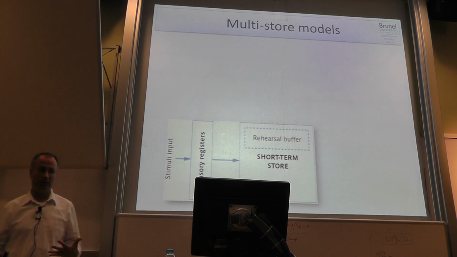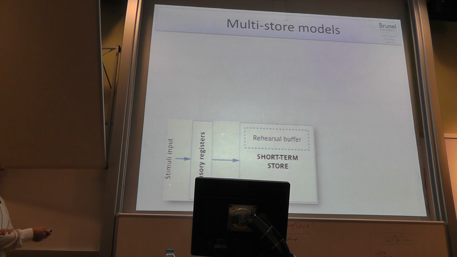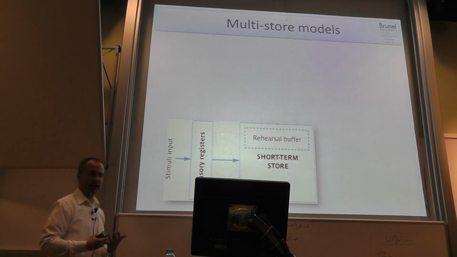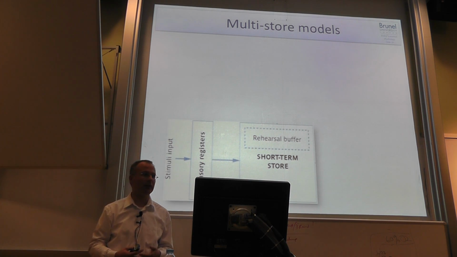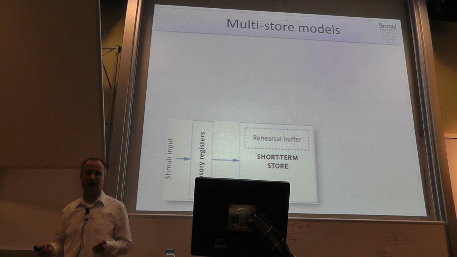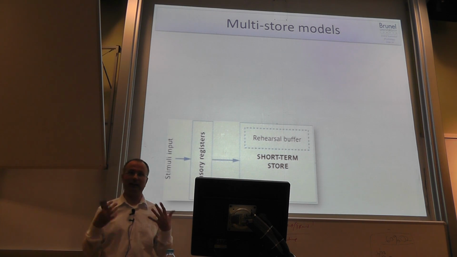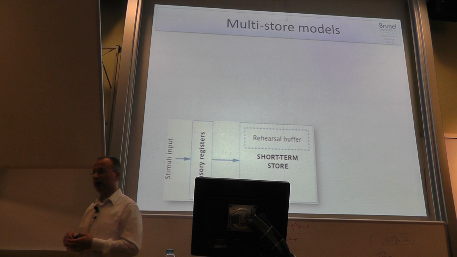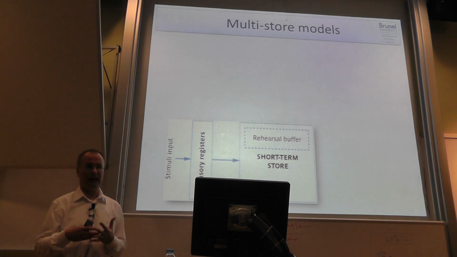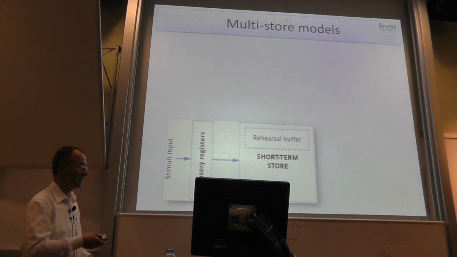So the whole model starts with some sensory input, some stimuli from the outside, and as we said, one of the first things in virtually all models are the sensory registers, like the echoic and iconic memory, where the information is kept alive for a couple of 100 milliseconds only.